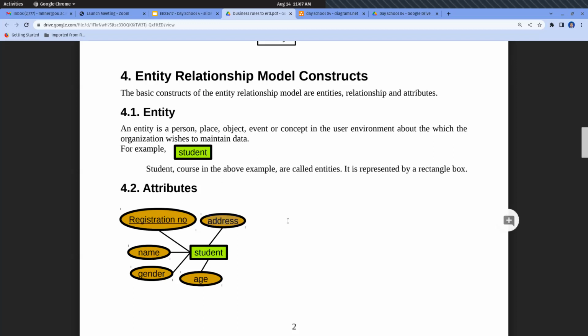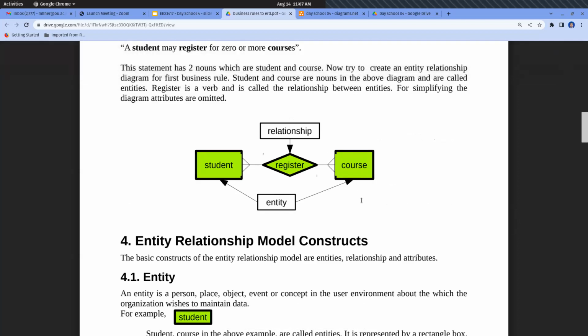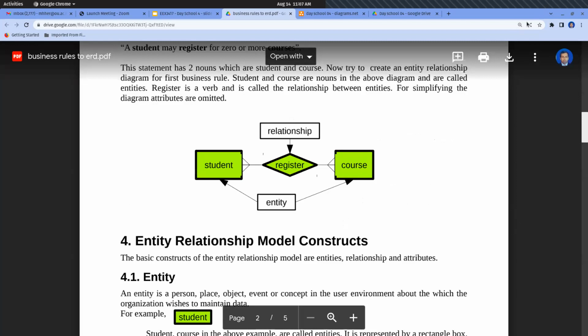These details belong to the one student, so they are called attributes of the student. Then what are the attributes of a course? Can you explain the attributes of a course? Can you chat?